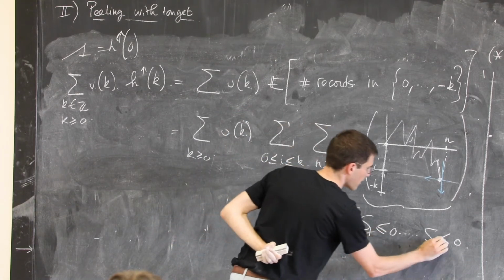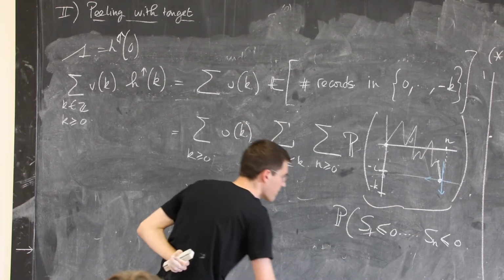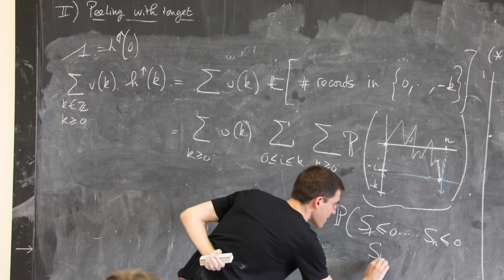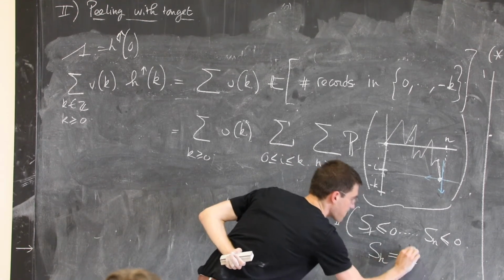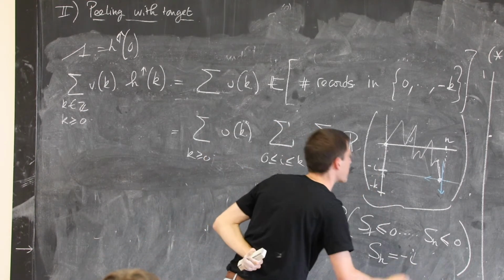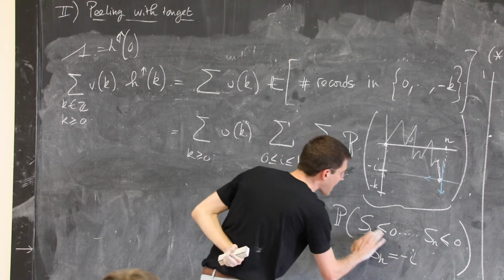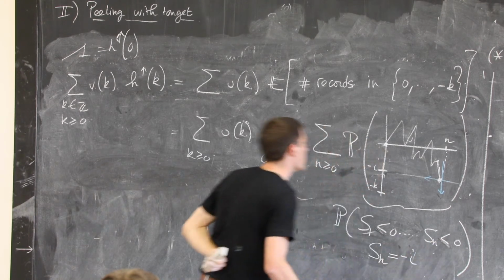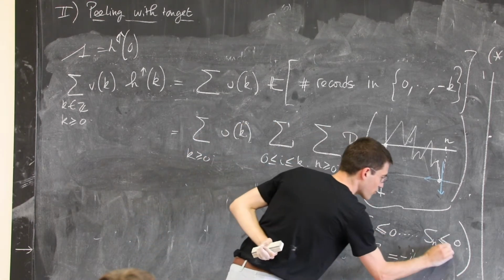No, okay, because it could be 0. Okay, let's say negative, and that Sn is equal to minus I for the first time. Yep, okay. There is some slight point.